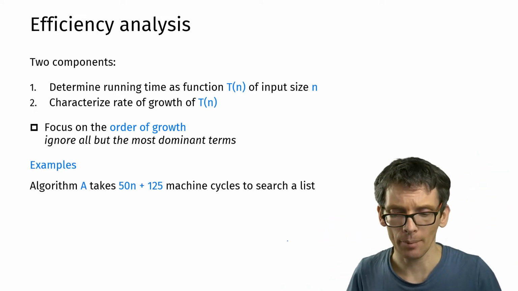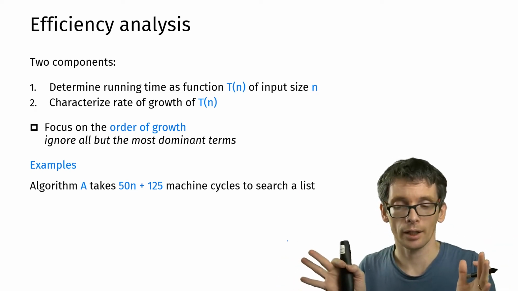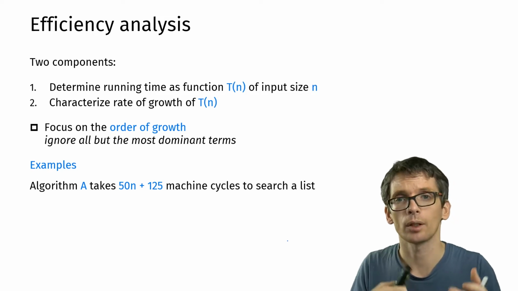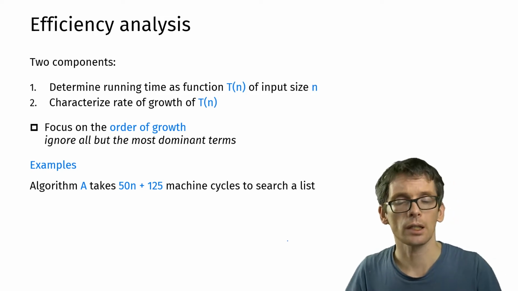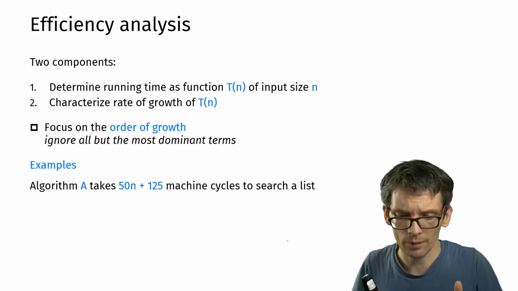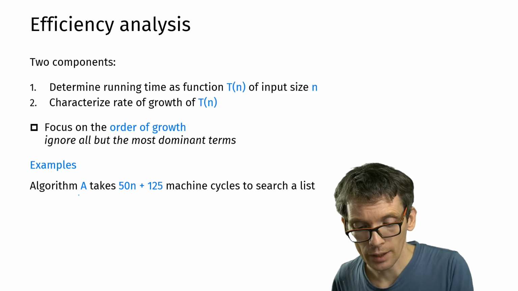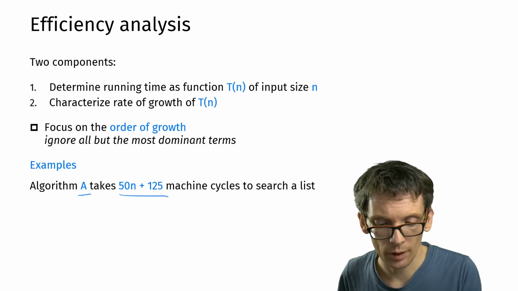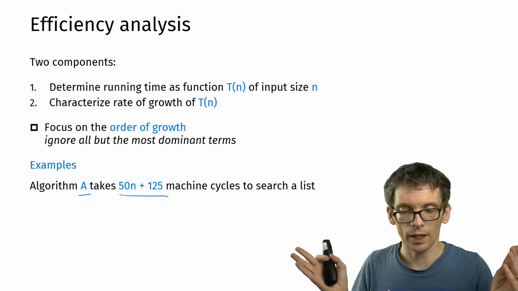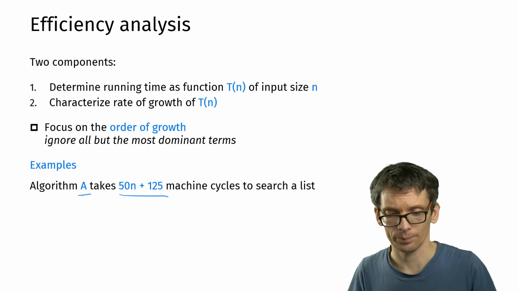Let's take an example. And let me say, we're not going to count machine cycles beyond this slide. It's just, at this point, a good way to formulate what time might be. But we're not going to do that later. Anyway, let's say I have an algorithm A. It needs 50n plus 125 machine cycles to search a list.